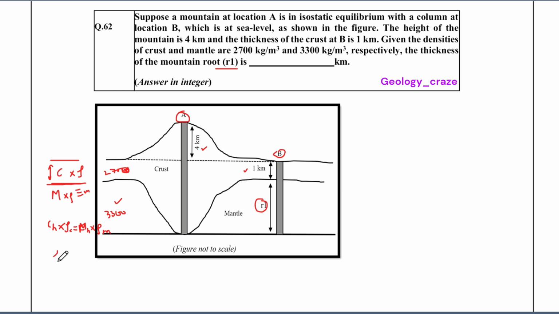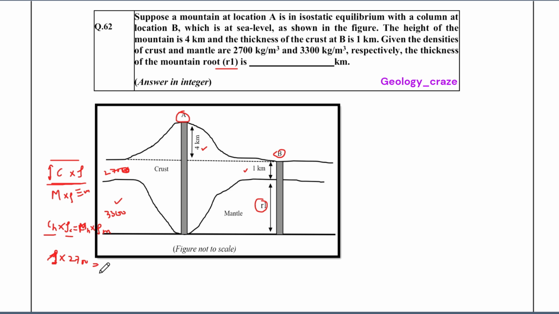So our rho c, this height is 1 into this density 2700.